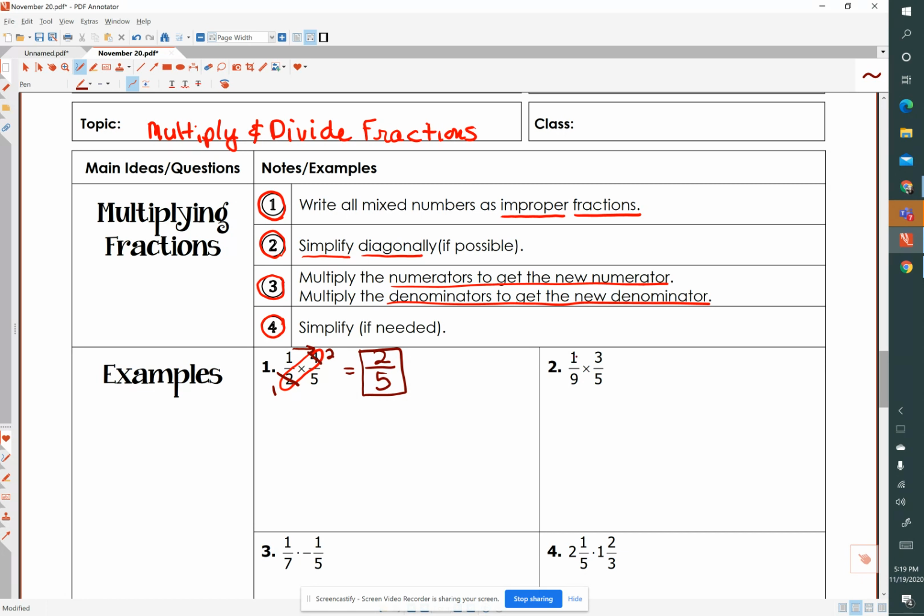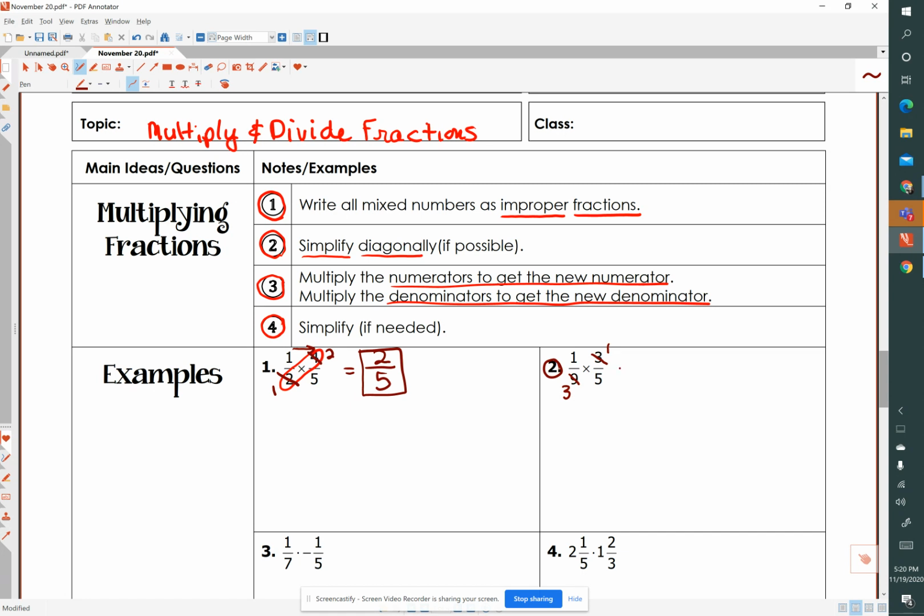So again, for number 2 we have 1/9 times 3/5. If you have a 1 in the numerator, there's no more simplification you can do with that. But I see this 3 and this 9. I know that 3 divided by itself is 1, and 9 divided by 3 is 3.